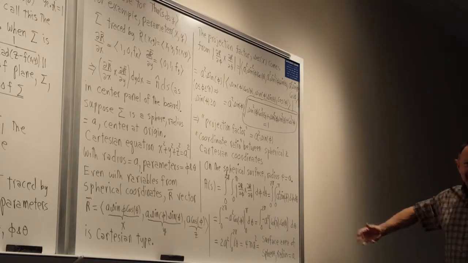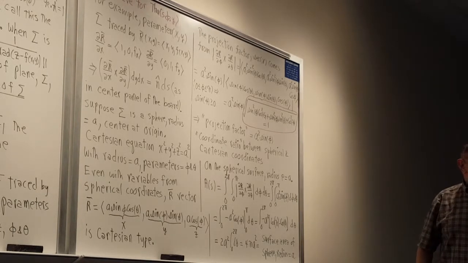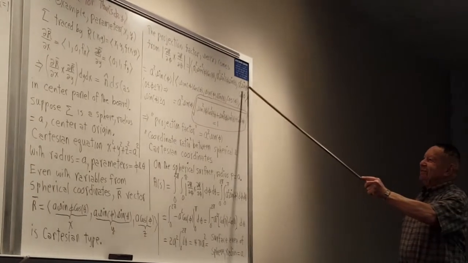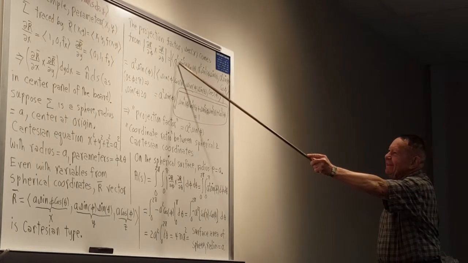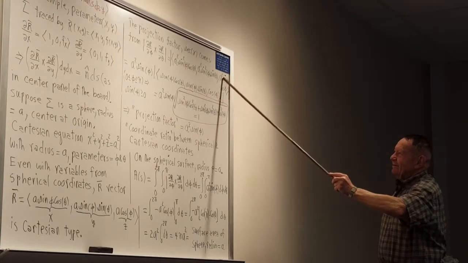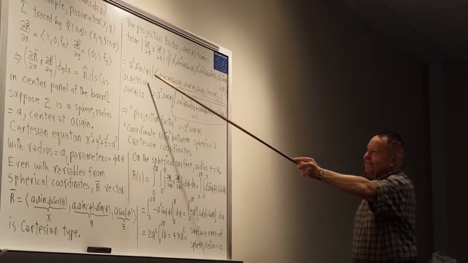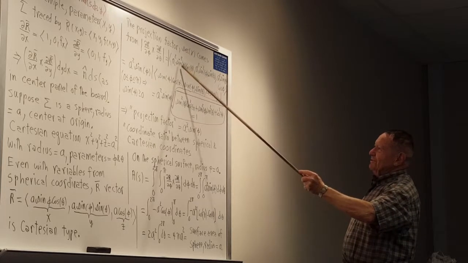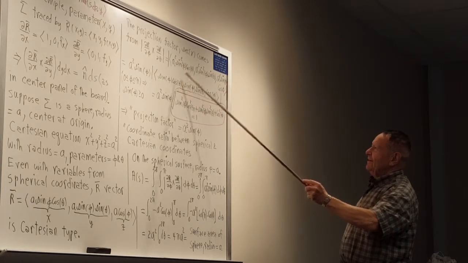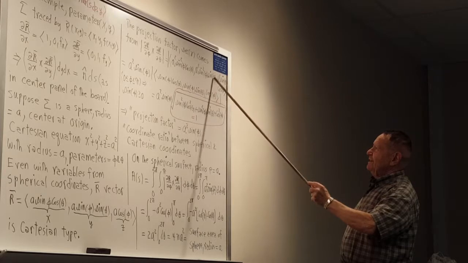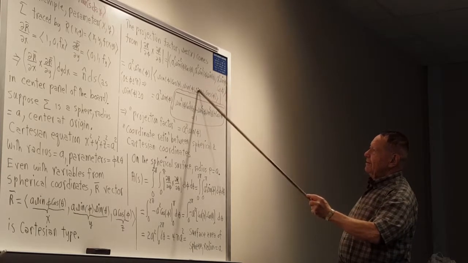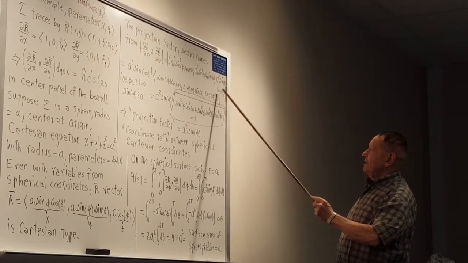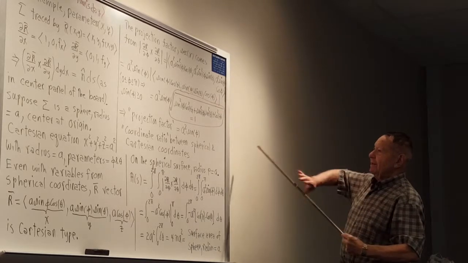I have two children, so obviously I've made mistakes, right? So you take the a square out and you take the sine out, and what does it leave you? Sine phi cosine theta, sine phi sine of theta, and there is a cosine of phi.